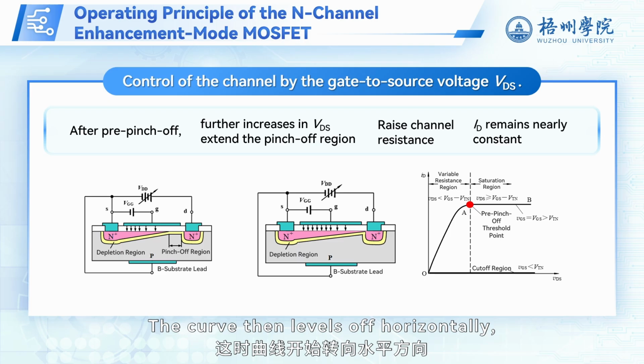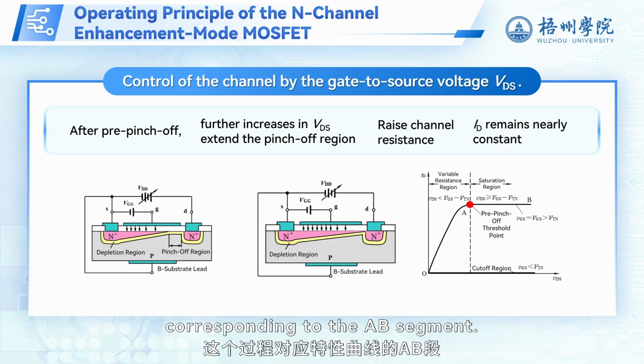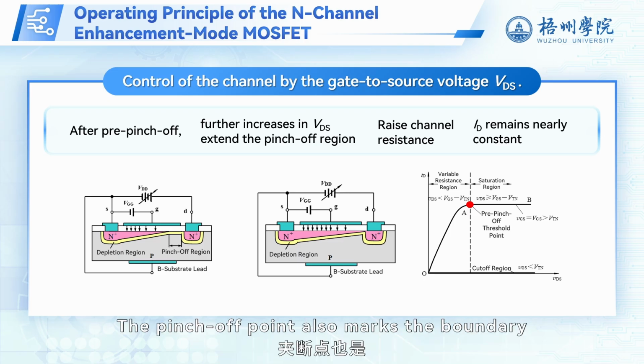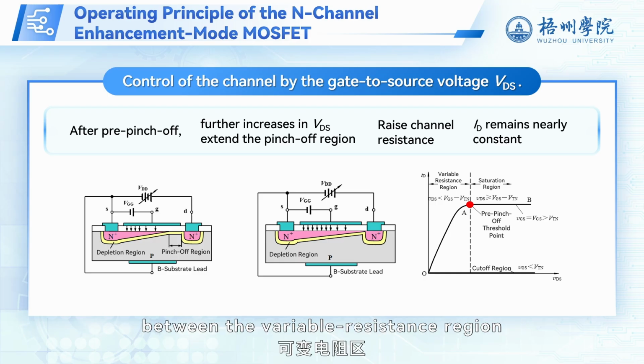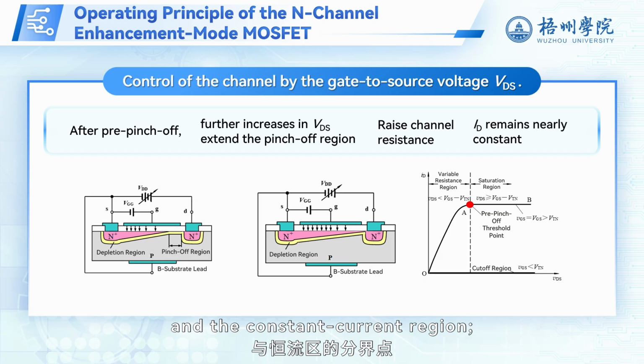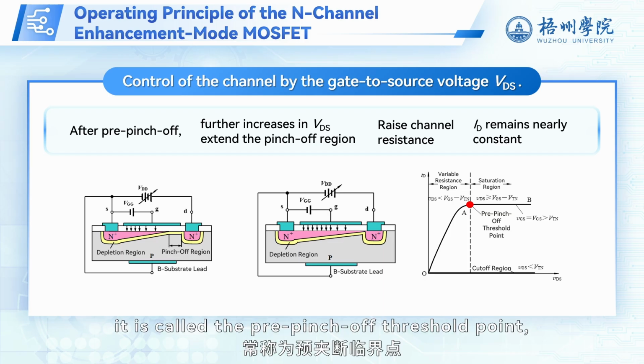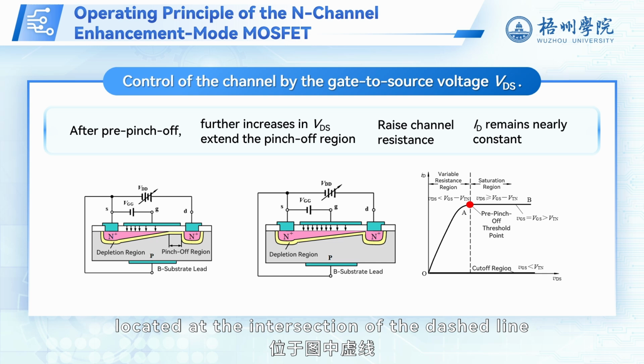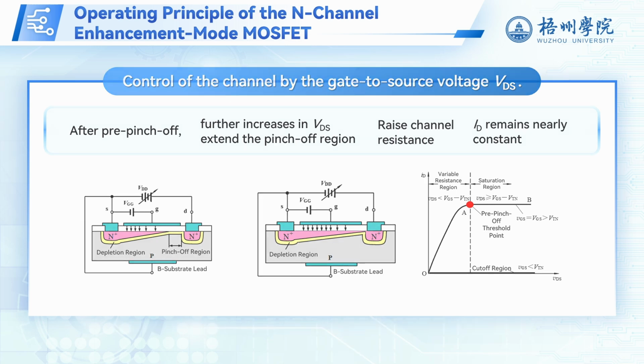The curve then levels off horizontally, corresponding to the AB segment. The pinch-off point also marks the boundary between the variable resistance region and the constant current region. It is called the pre-pinch-off threshold point, located at the intersection of the dashed line and the AB segment.